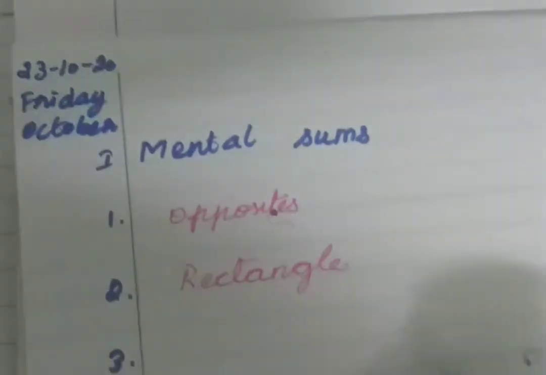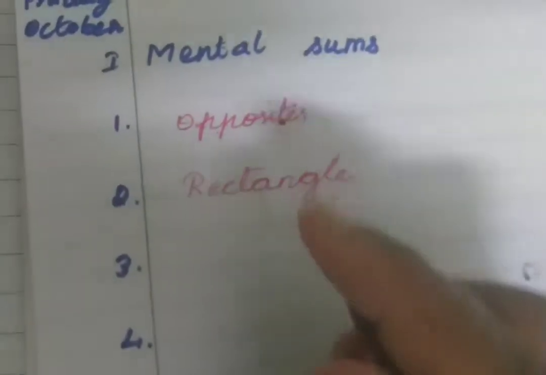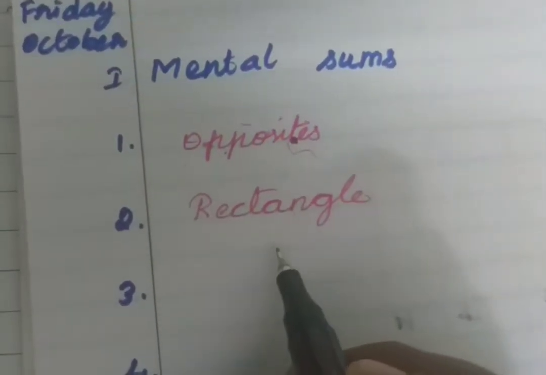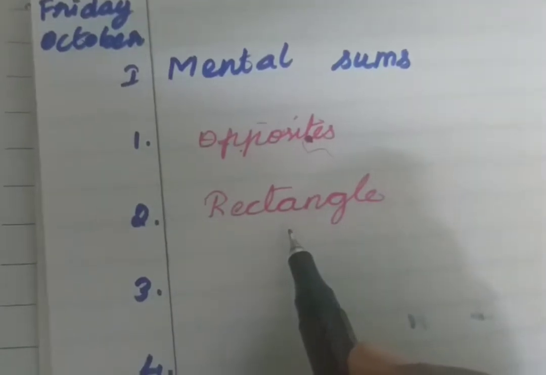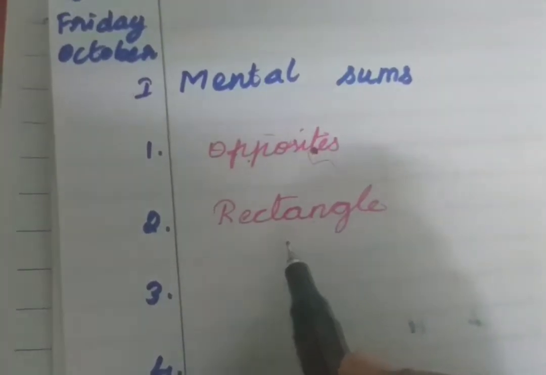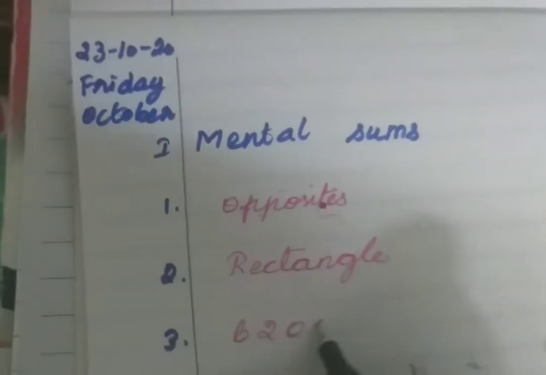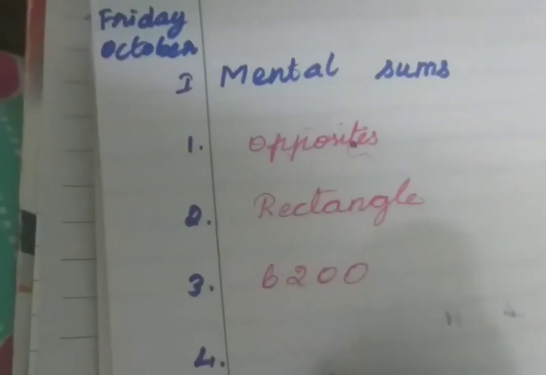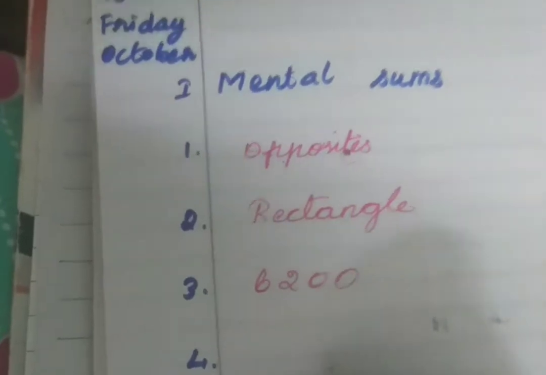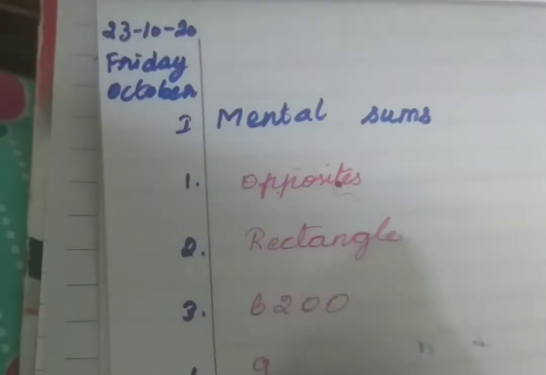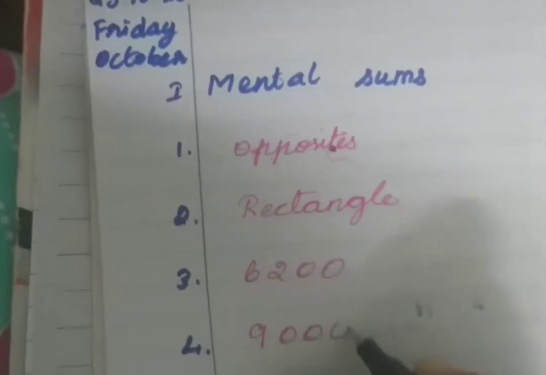RECTANGLE. And the third one, 7,200 minus 1,000. So the answer is 6,200. And the fourth one, 8,000 plus 1,000, so 9,000.